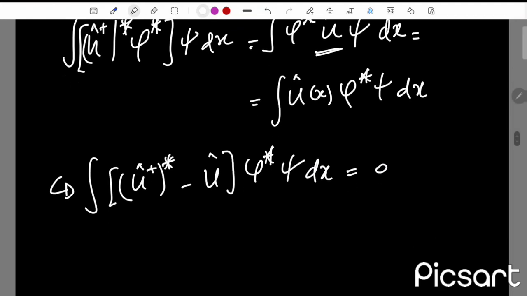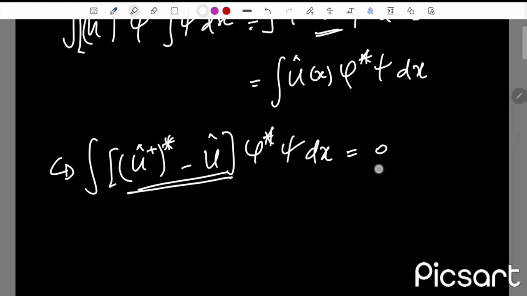And now we know that this product is different to 0, which means that if this integral is equal to 0, then this expression must be equal to 0.